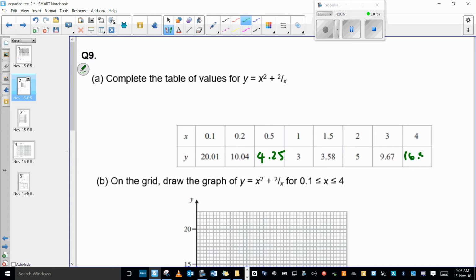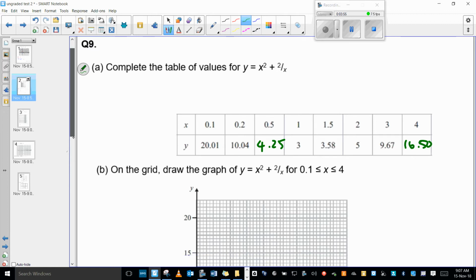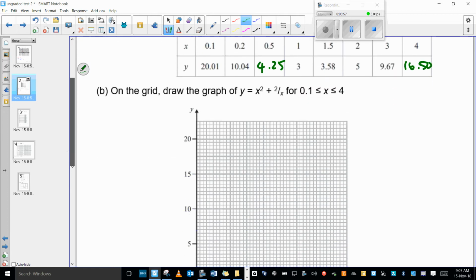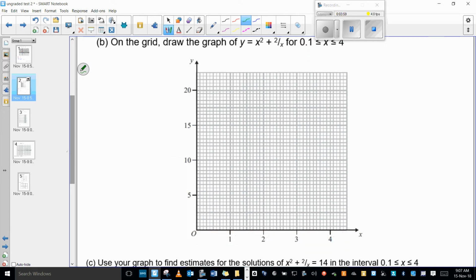Okay, good. And we plot that. It kind of looks like this, doesn't it? You get the idea. Okay, that's your graph. It was all plotted nicely.